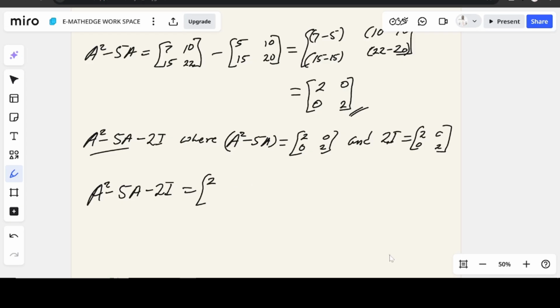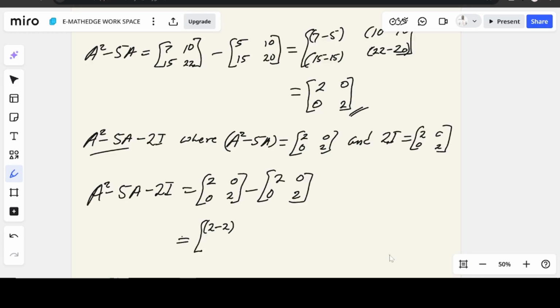We have 2, 0, 0, and 2 minus 2I, which is this, right? So let's substitute it as well. We are going to have 2, 0, 0, 2. So let's simplify this further. We are going to have 2 minus 2, 2 minus 2. That's for the first row, first column.